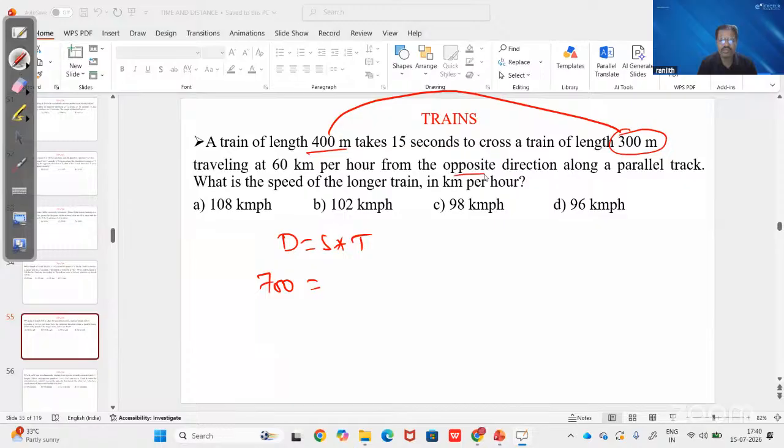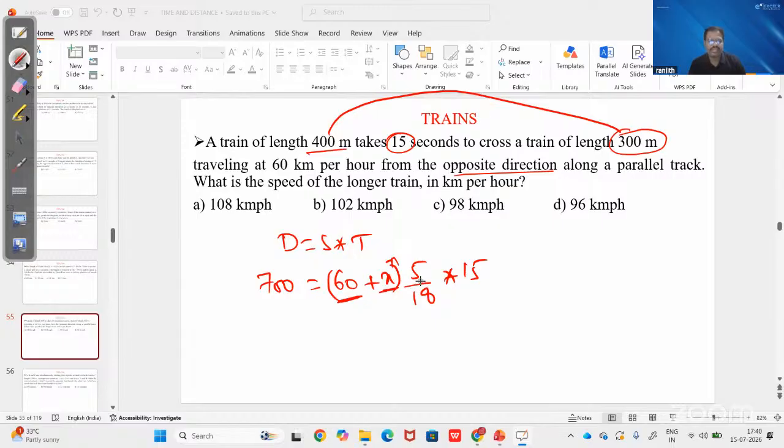They are running in opposite direction, so we need to add 60 plus x into 5 by 18. Here 60 is kilometers per hour, x is also kilometers per hour. We are finding the x value. They cross each other in how many seconds? In the sense, 15 seconds.